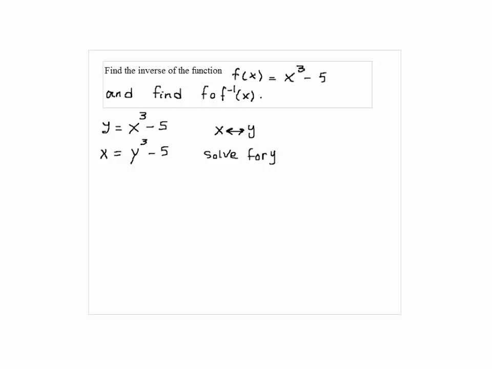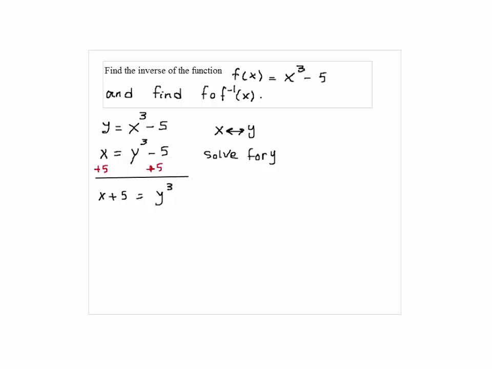To solve for y, we can isolate the y first. So we can add 5 here to both sides of the equation. So we get x plus 5 is equal to y cubed.